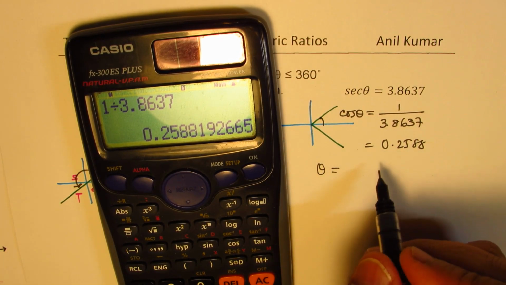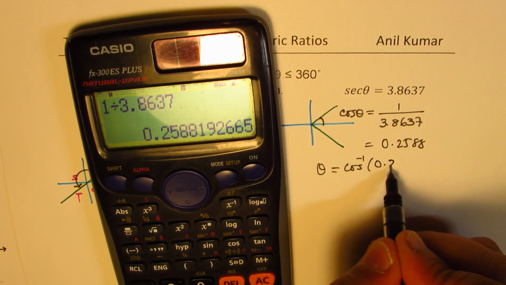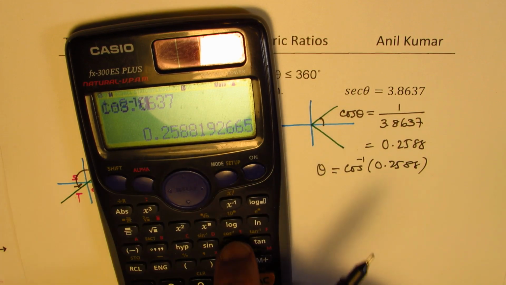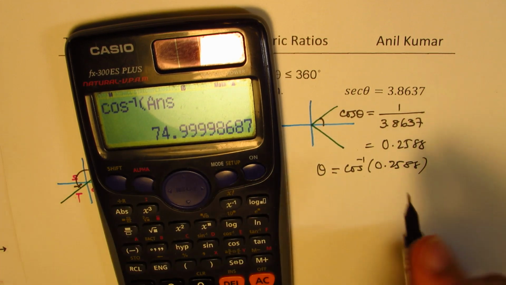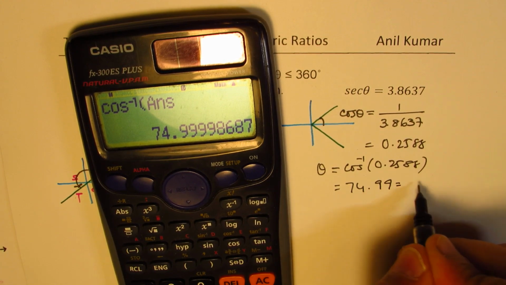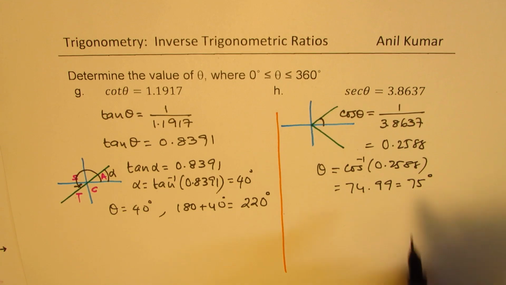So we'll find theta from here, which is also one of the solutions, which is alpha also, as cos inverse of 0.2588. So shift cos inverse of the answer is equal to 74.99 or 75 degrees. So one of the answers here is 75 degrees.